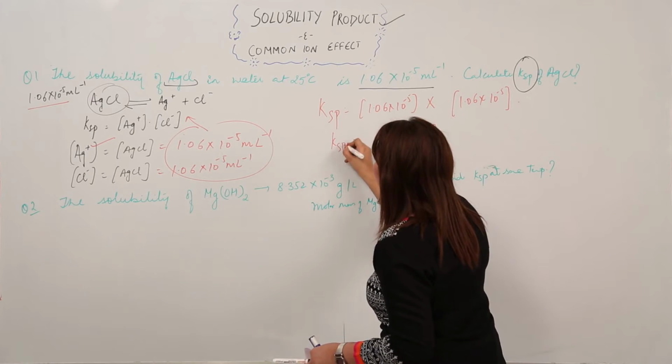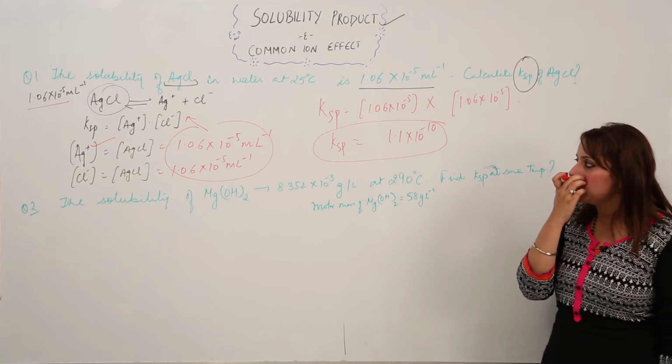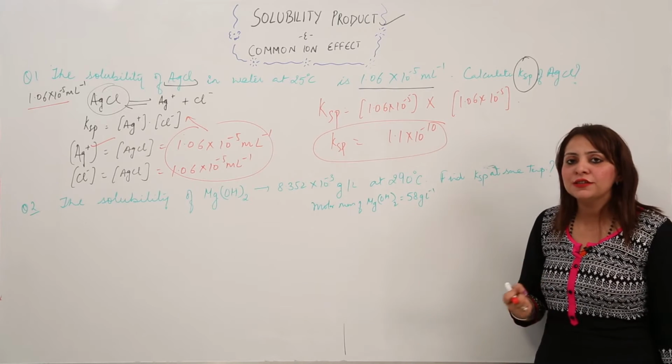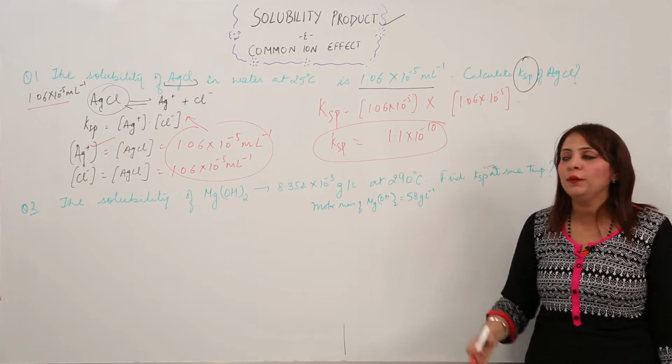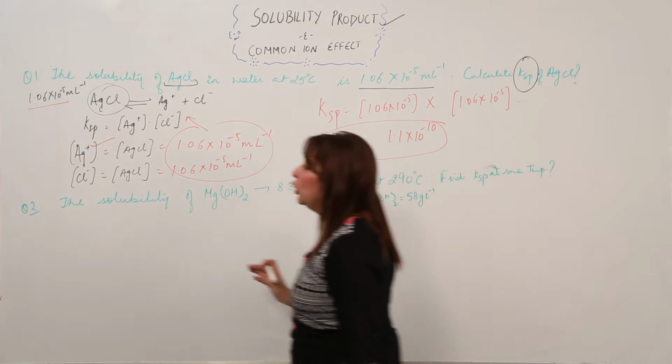So this will be the value for the KSP. I think it's clear. It's so simple: you just write an expression, find the concentration of the ions, then by substituting we get the value for the KSP, right?